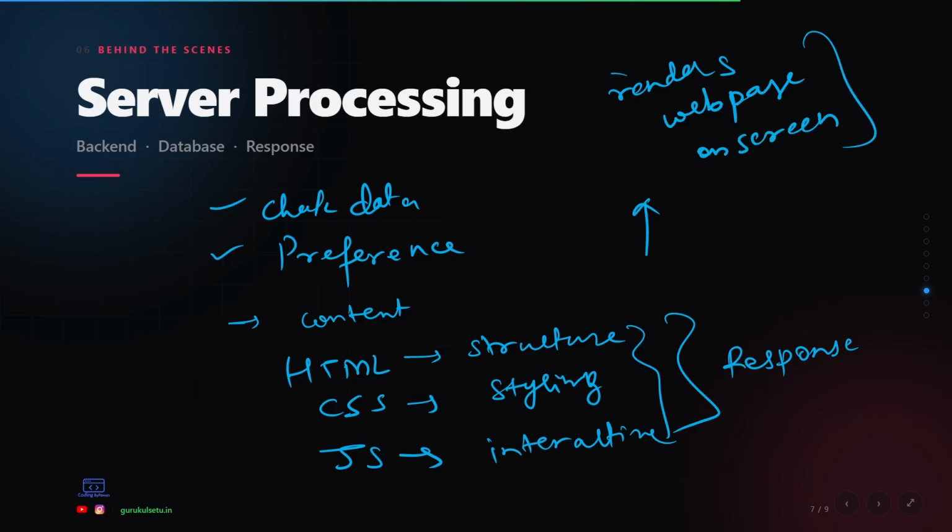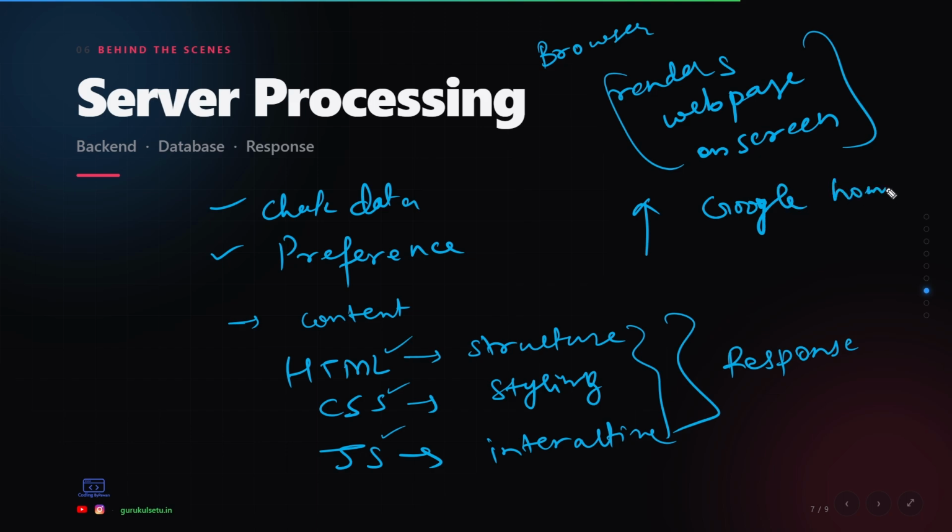So this is how the entire workflow works. The browser receives this data, combining all three files: HTML for the structure of the content, CSS for styling, and JS or JavaScript for making the web page interactive. Based on that, the browser renders the web page on the UI, and you are able to see the Google home page.